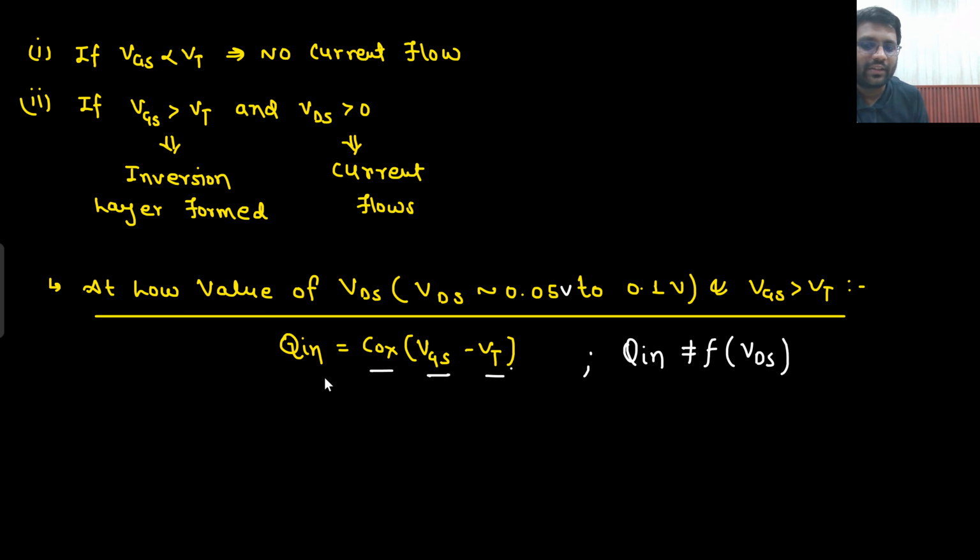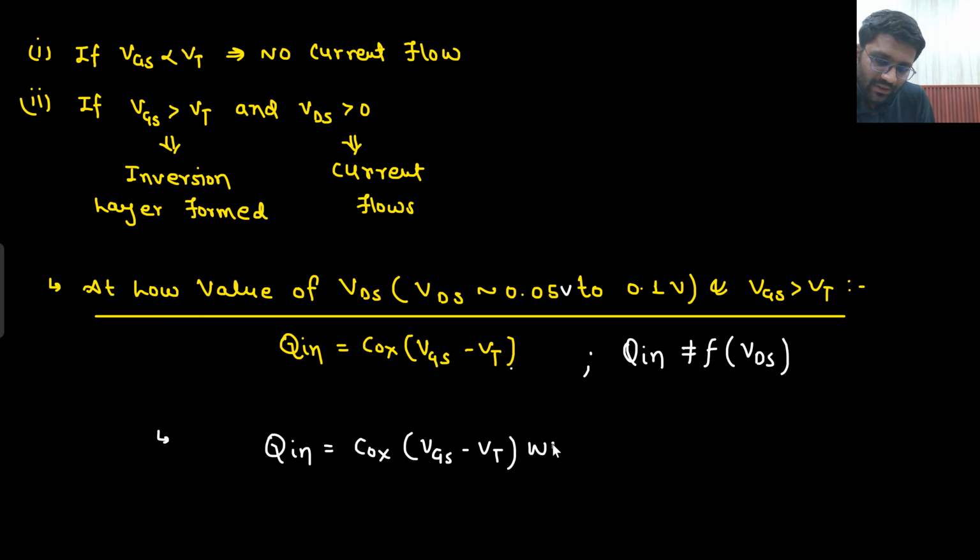What does that mean? That means the inversion charge is also fixed. At a fixed VGS, you will have a fixed inversion charge. This is what we are saying. But when we study our MOSFET, we write down the inversion charge in this manner: Qin equals COX (VGS minus VT) multiplied by WL, because our COX is capacitance per unit area.